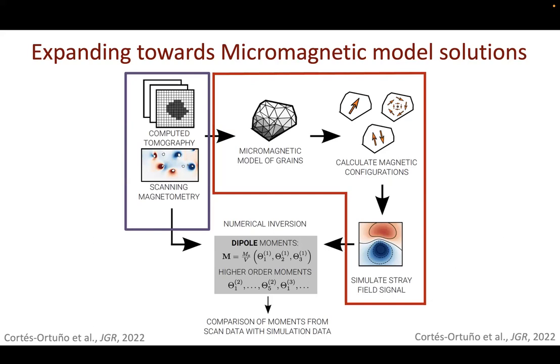And the stray field signal that we have here, we can translate again into these spherical harmonic descriptions. And then we can start comparing the Merrill output, translated to spherical harmonic descriptions, to the spherical harmonic descriptions that we have from the scanning magnetometry, which means that we might be able, if you're lucky, to find one, or maybe more if you're unlucky, possible solutions from the Merrill modeling exercise that actually compare to the configuration that we measured.